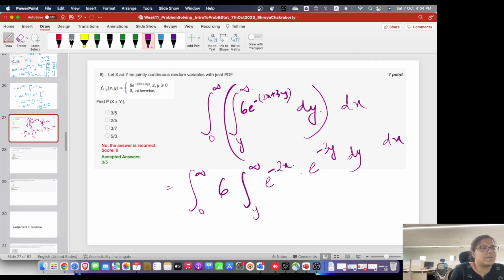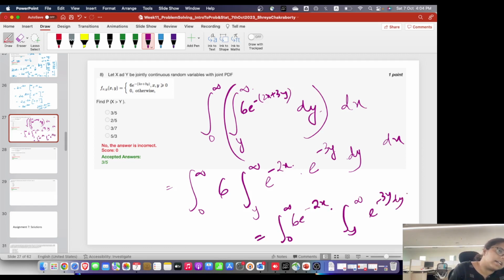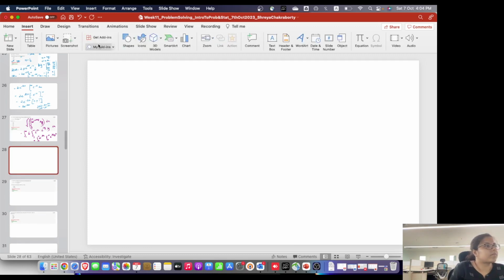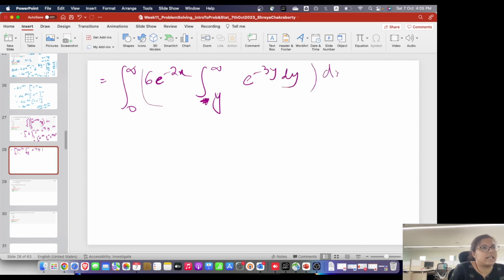So 6 e to the power minus 2x we can take out, so we will have 0 to infinity 6 e to the power minus 2x, y to infinity e to the power minus 3y dy, then dx.